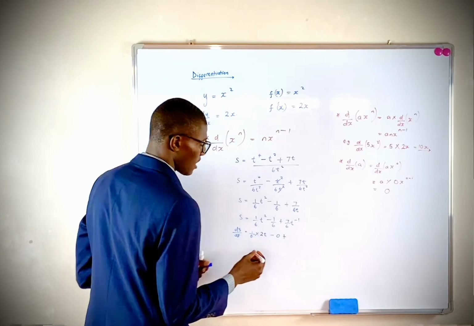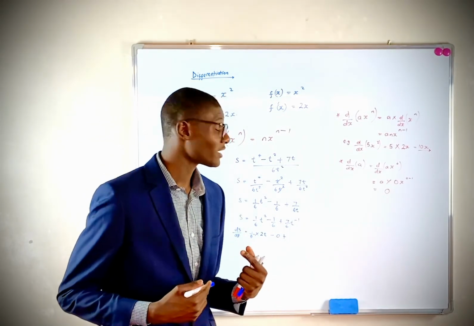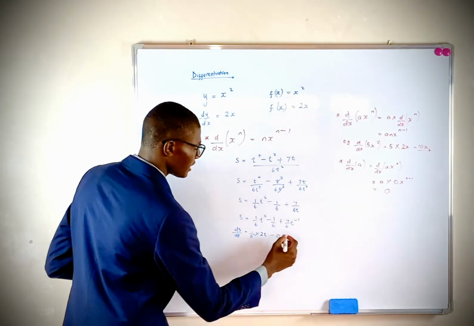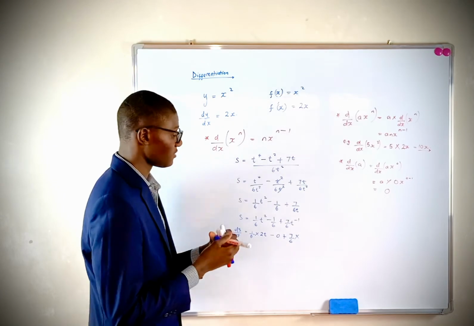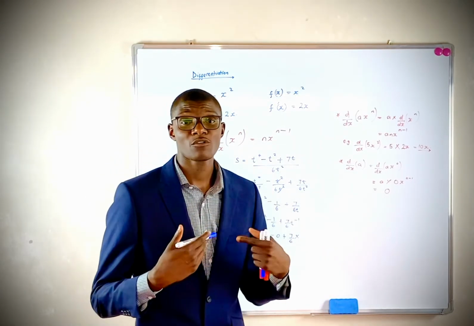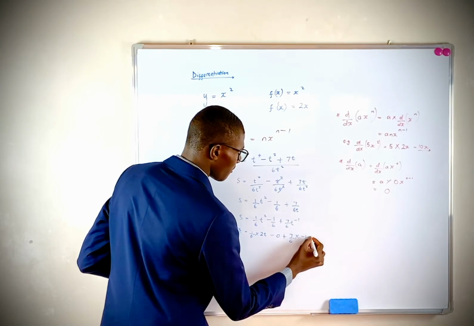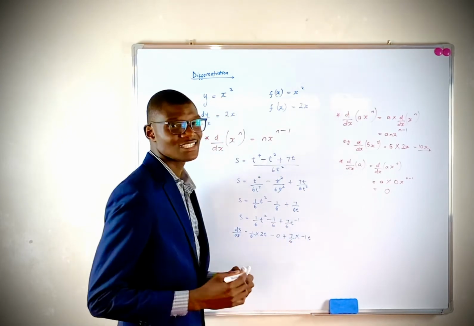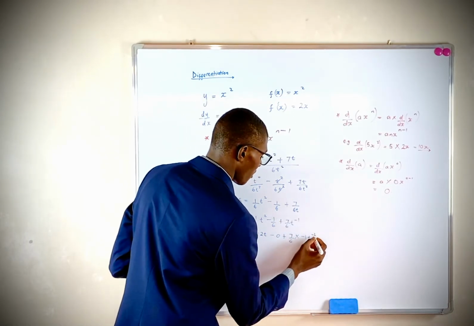Plus the derivative of 7 over 6t to the power of minus 1. We take out the 7 over 6, then multiply by the derivative of t to the power of minus 1. So now we drop the power minus 1, multiply by t, then subtract 1 from the power of t to get a minus 2.